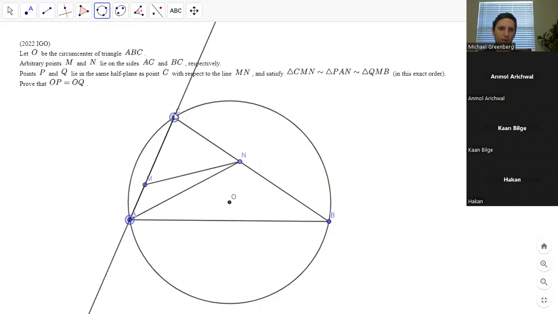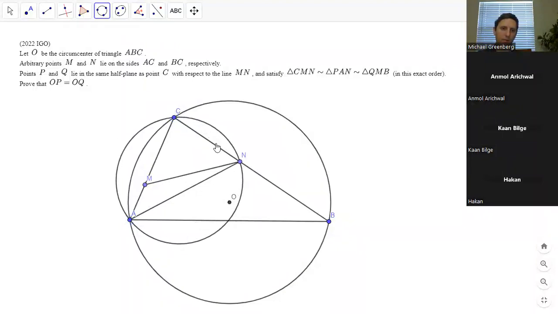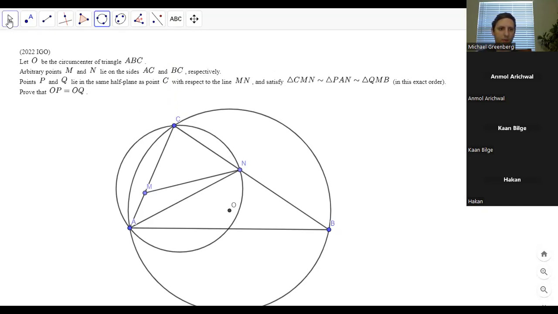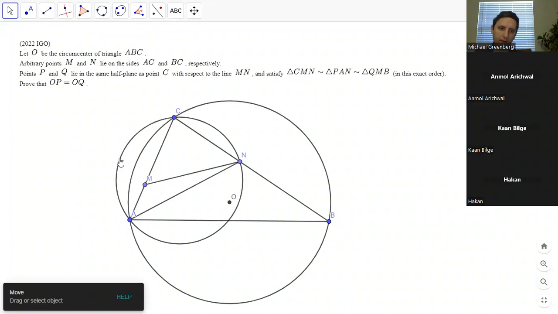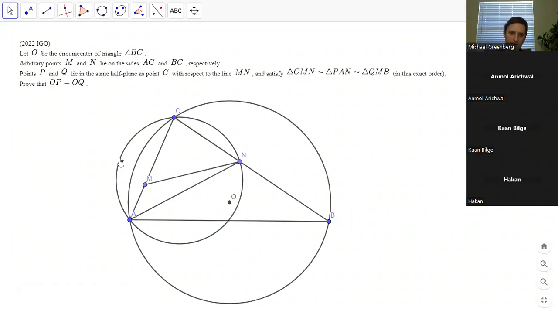And then P has to lie on that circle. Spiral similarity at N. So P is some point on this circle, and we want PAN to be similar to CMN. So we want this angle to equal this angle. And okay, we draw the isogonal to MN, and I think that would do it.